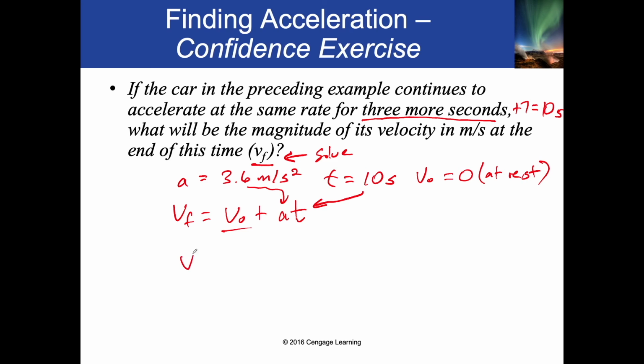So it becomes: VF, or final velocity, is 0 plus 3.6 meters per second squared times 10 seconds.